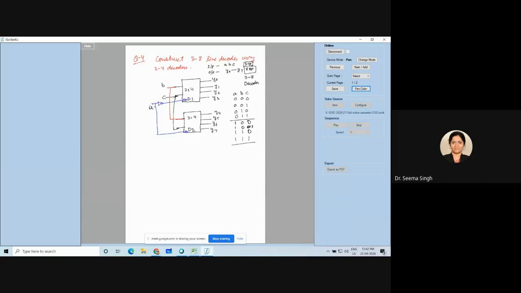Now my first decoder is working for the first 4 cases, with A being 0 all the time. So when BC is 0, 0, Y0 is selected. BC is 0, 1, Y1 is selected, and so on. All these will take care of Y0, Y1, Y2, and Y3.